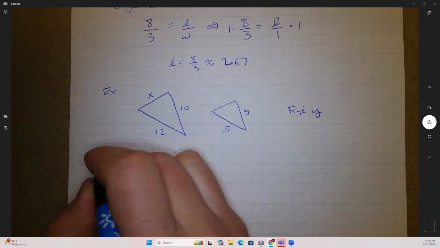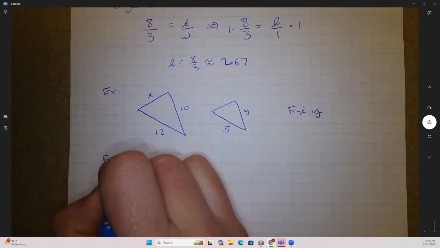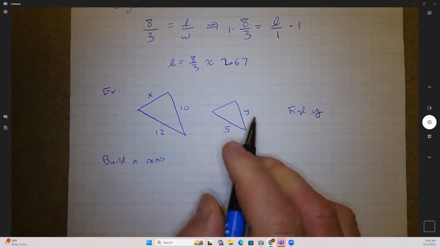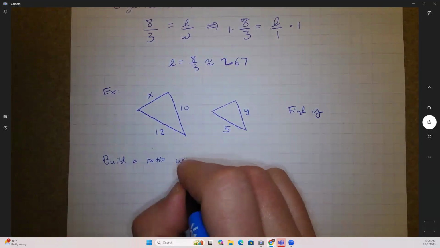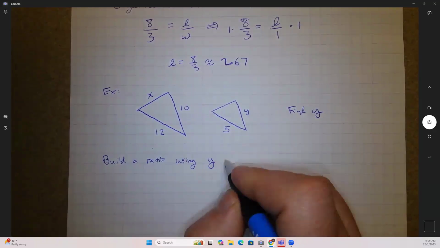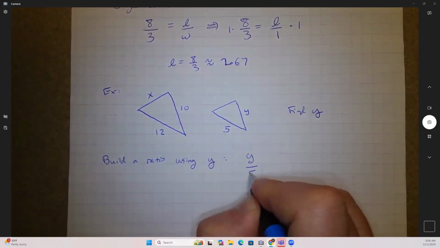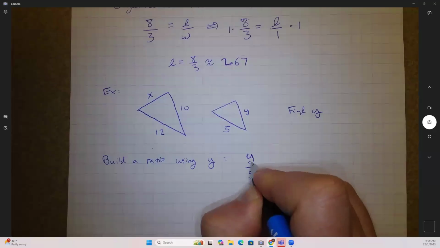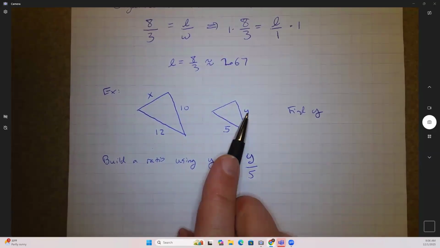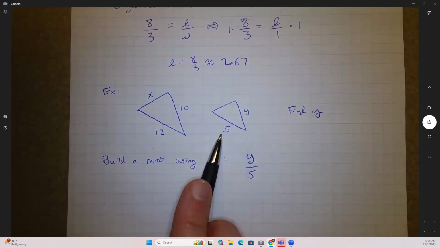And we're going to find Y by building a ratio using Y. So Y over 5, that's just organizing those two side lengths that I know. Y over 5 is saying one side is Y, the other side is 5.